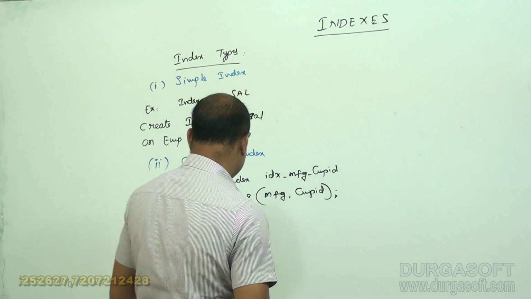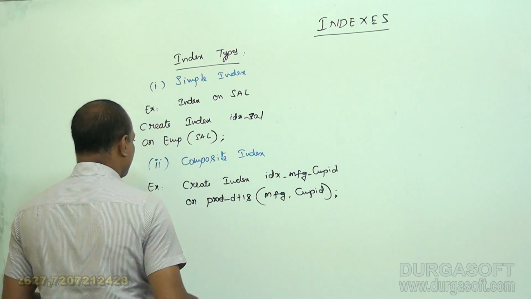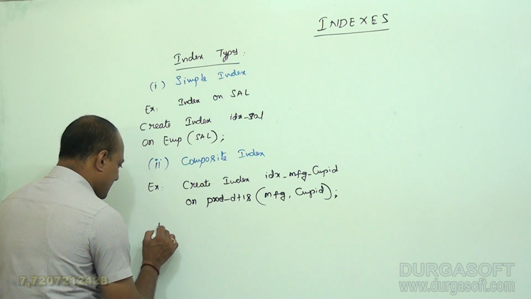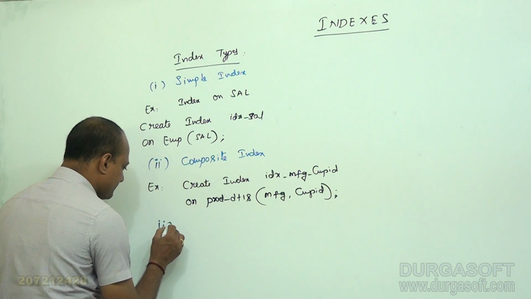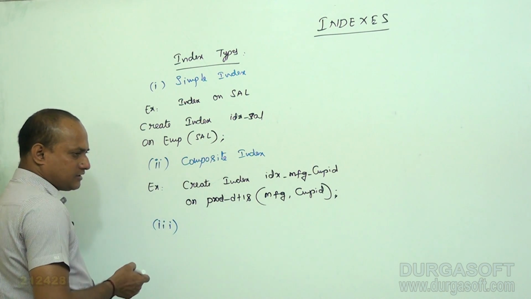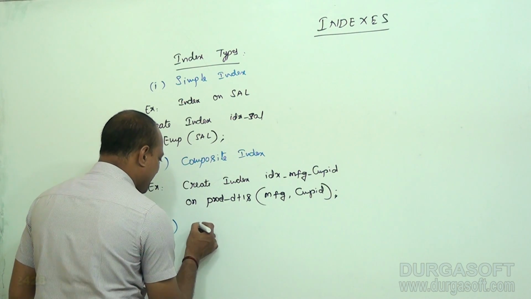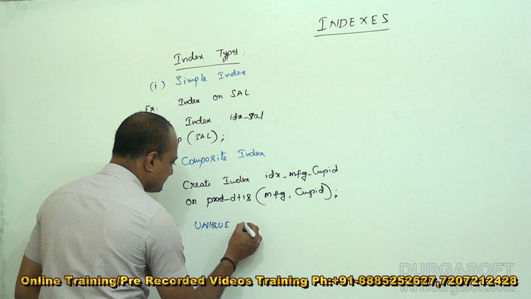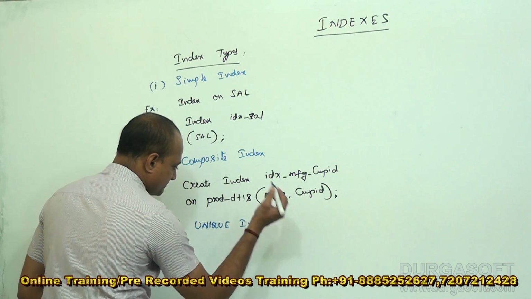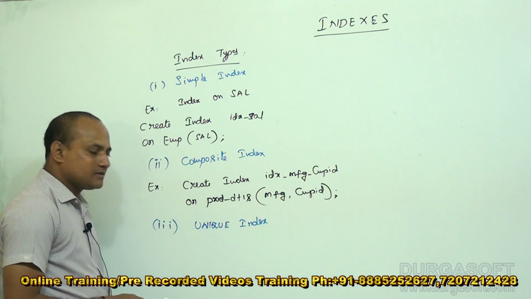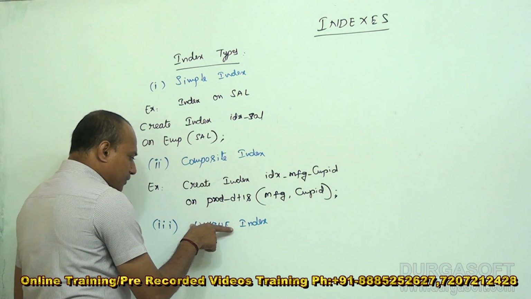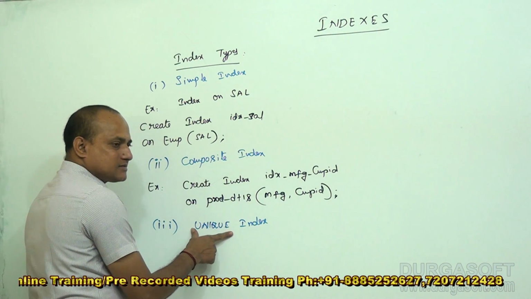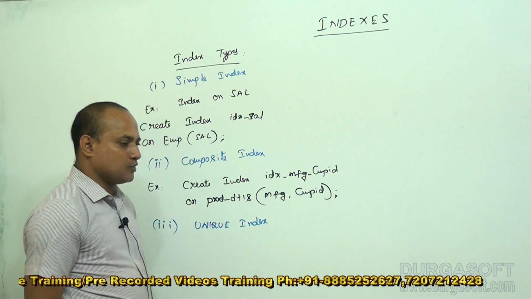Right. Now, what is the next type of index? See, the next index is called a unique index. You can create this unique index on any unique column only.